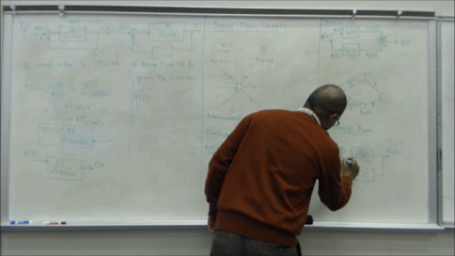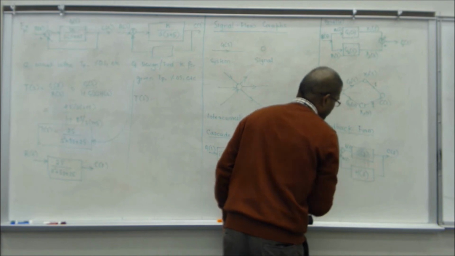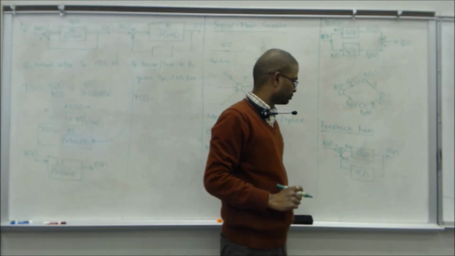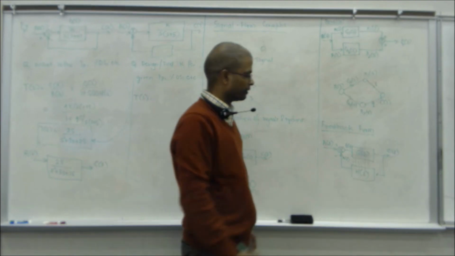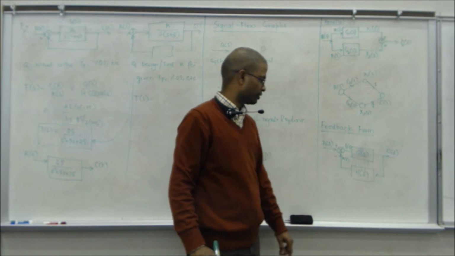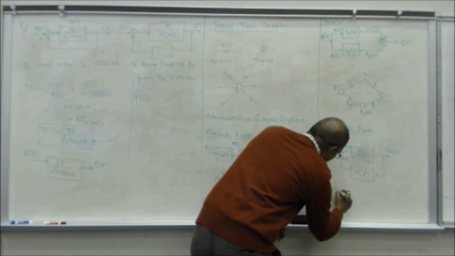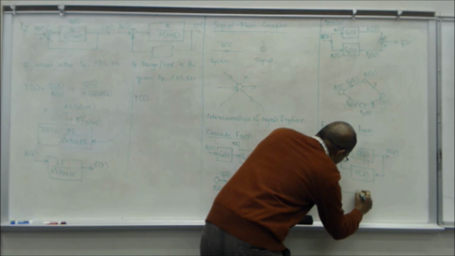This is X of S, right? This is E of S. So you have 1, 2, 3, 4: X of S, E of S, R of S, C of S. So what you start with is R of S. Between you have C of S.